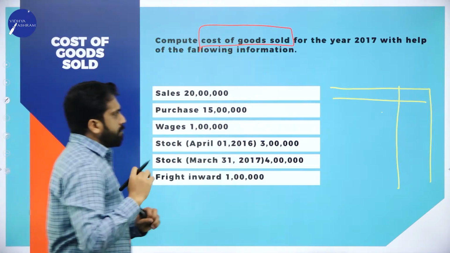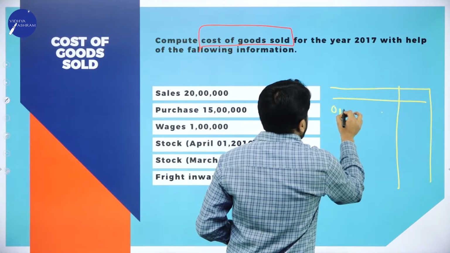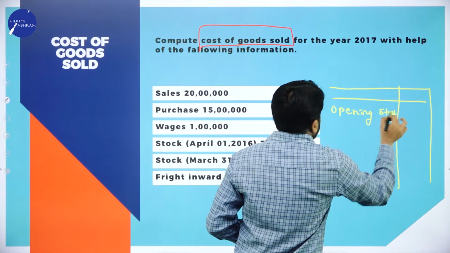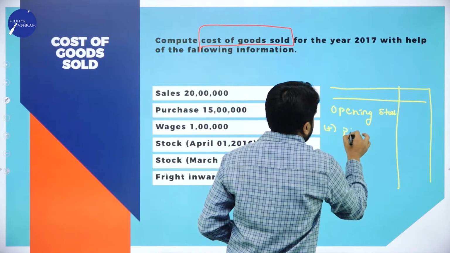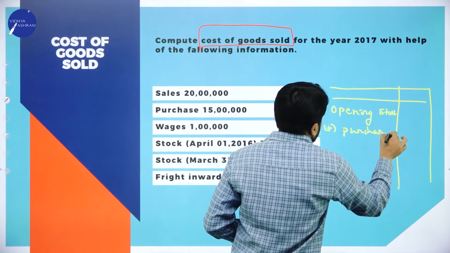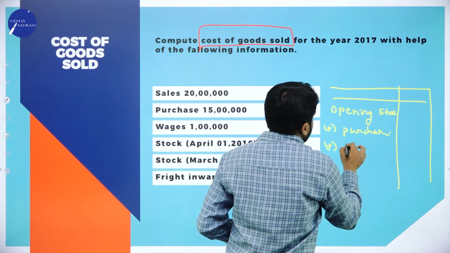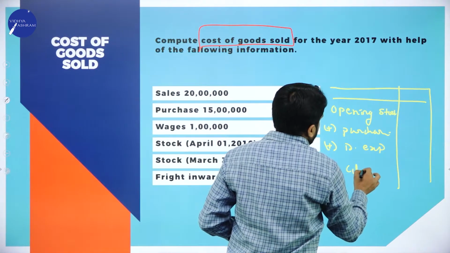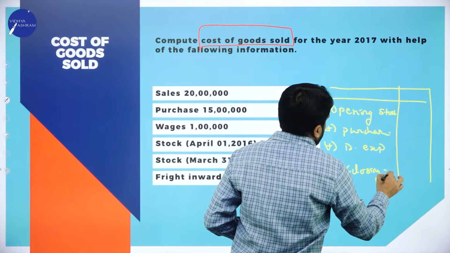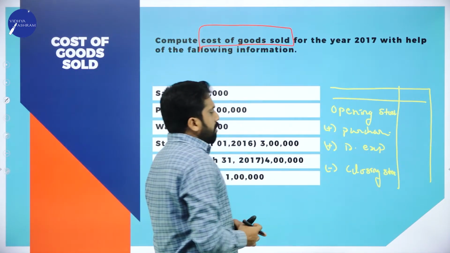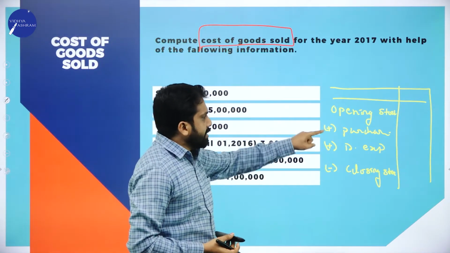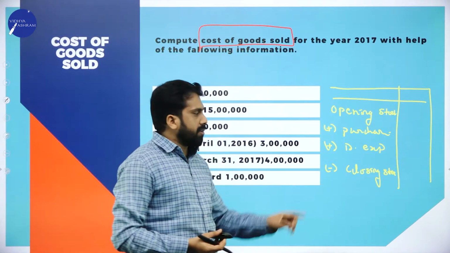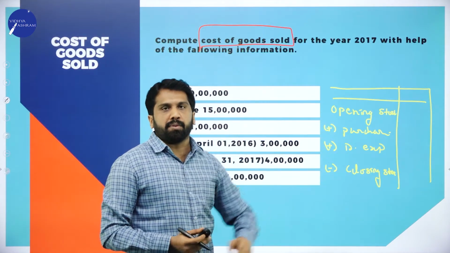Now, first thing we have to take opening stock, add purchases, add all direct expenses, minus closing stock. Normally closing stock you have to minus here itself. Opening plus purchases minus closing stock, that we'll do while doing the problem.